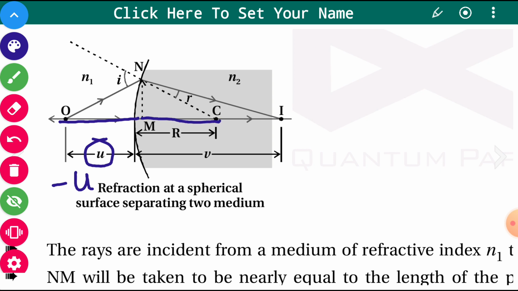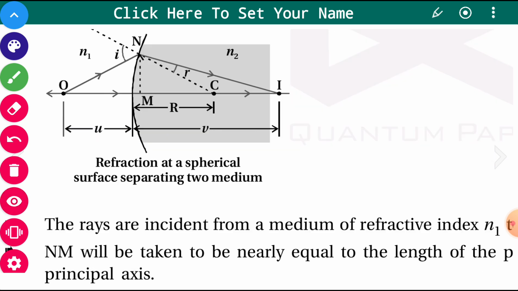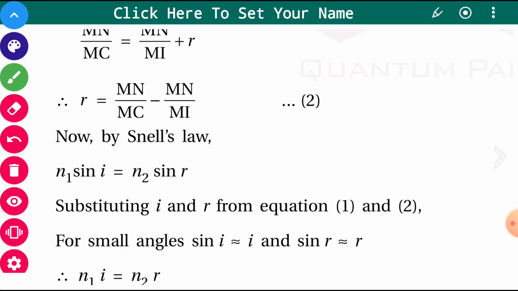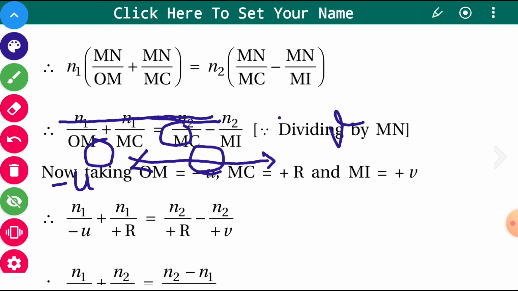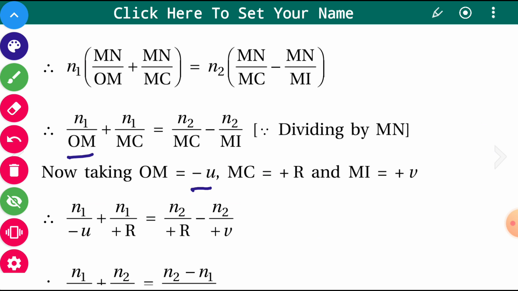C to M is the radius of curvature, and I to M is the image distance, which is on the right hand side, so it is v. Putting all these values in that last equation, instead of OM it is written as minus u, instead of CM it is written as positive R, here also positive R, and MI is taken as positive v.